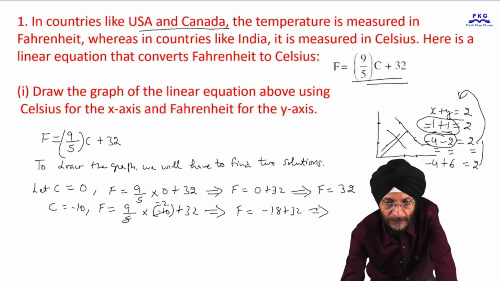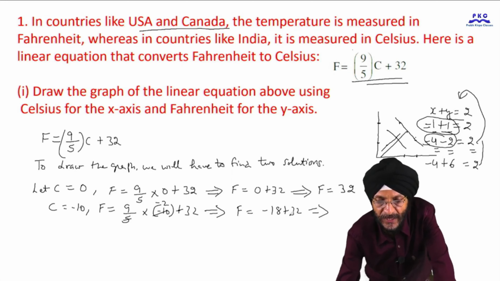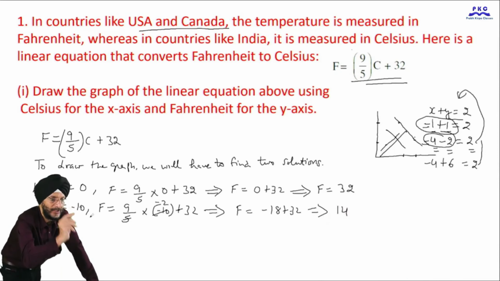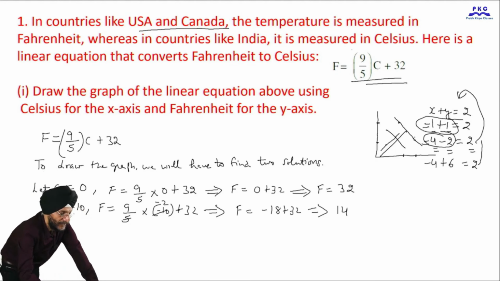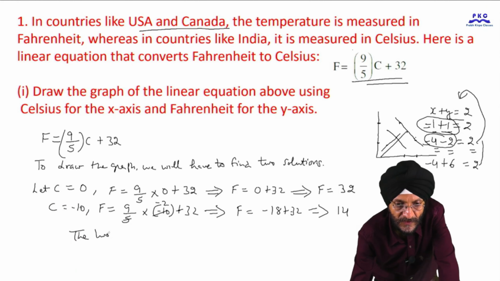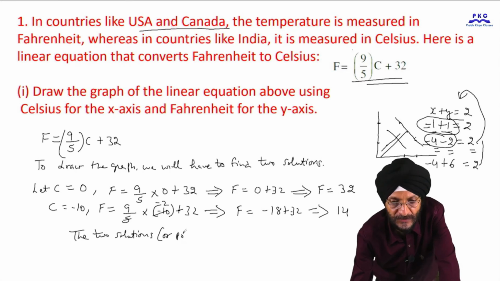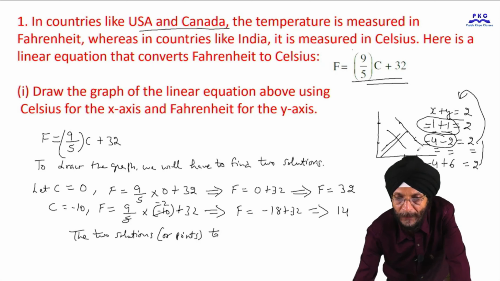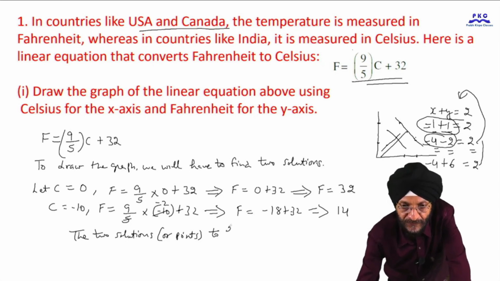It will become 32 minus 18, which is 14. So, we have arrived at two solutions. What are those solutions? The two solutions or points to be plotted on the graph.